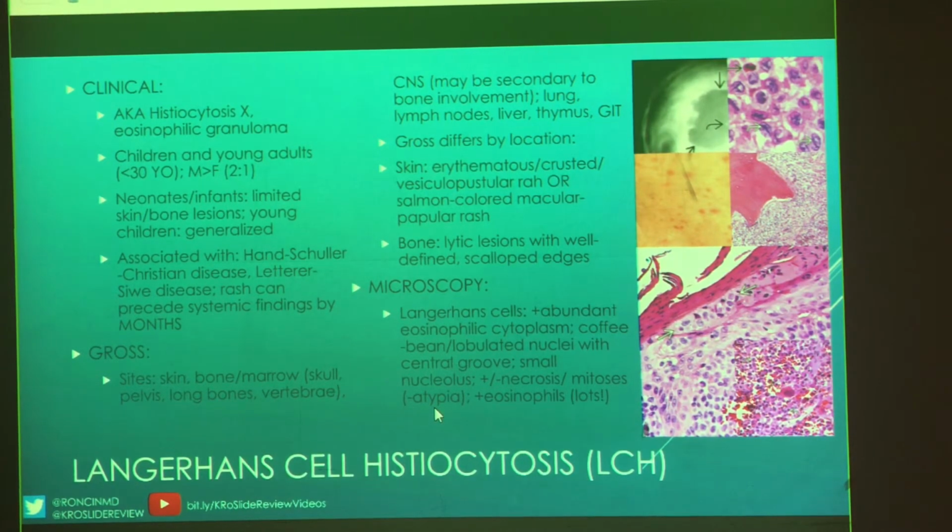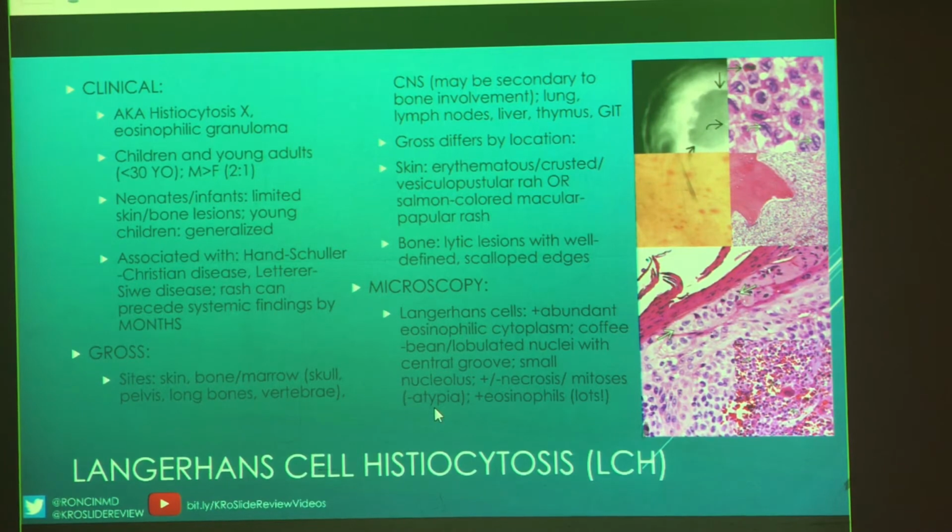Okay, so what the heck were we talking about with all this abundant eosinophilic cytoplasm, these coffee bean or lobulated nuclei, these grooves? Well, here hopefully you can appreciate some of those features. In the top right photo, there's that abundant eosinophilic cytoplasm. We have coffee bean shaped nuclei, and they have some really nice central grooves.